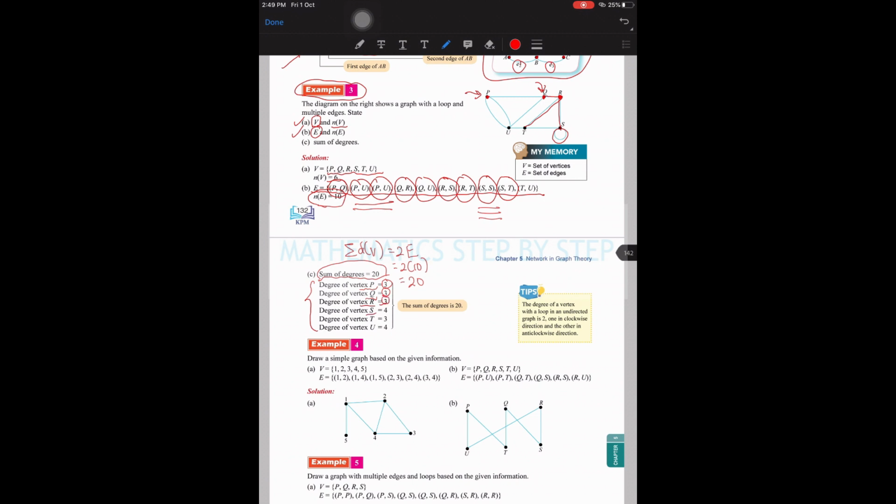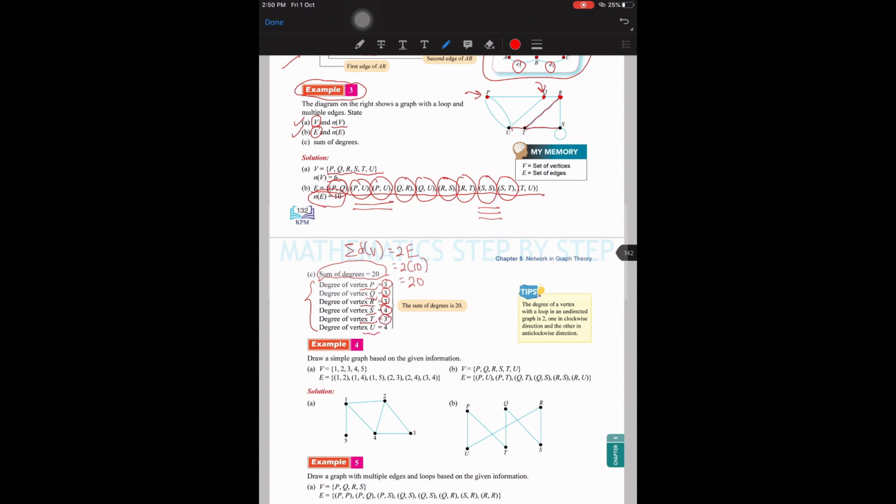Then vertex S. Vertex S, here's the first line connecting it. This is the second line, and this is a loop. Okay, so degree equals to 4 because a loop is counted as degree 2. Then degree of vertex T. So you can see this is the first line, this is the second line, and this is the third line connecting vertex T. So degree equals to 3.